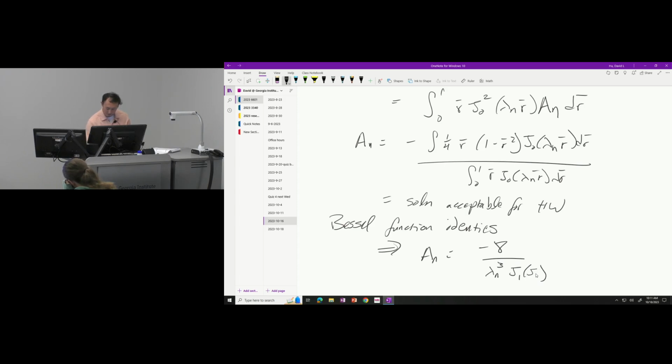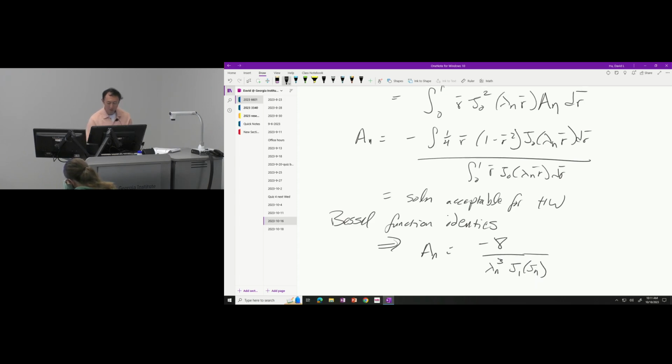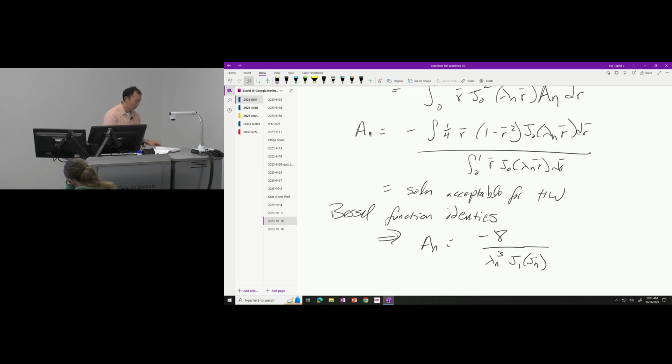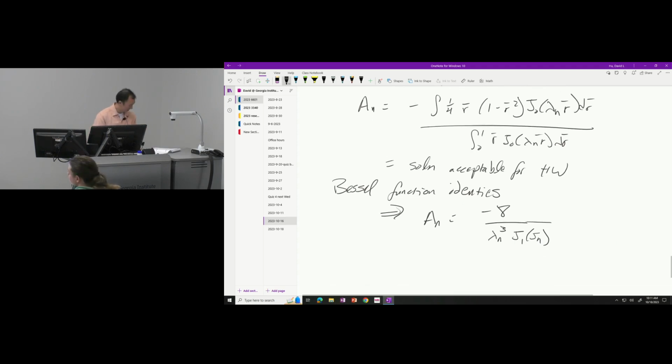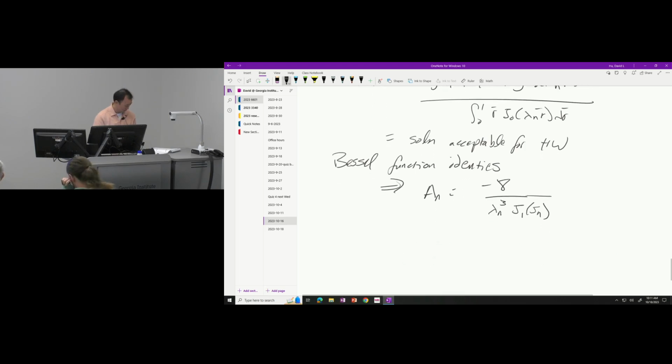So also the order changes depending on if you integrate it. If you integrate low orders, it becomes higher orders. But that can actually be simplified to this. But only if you really want extra credit, I think you can do that.